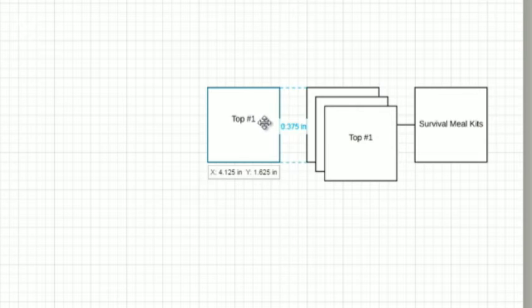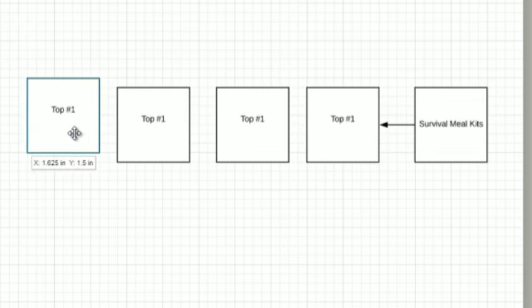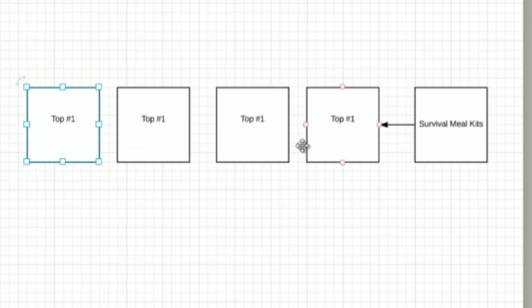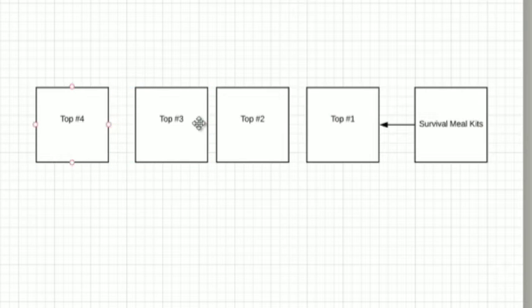And then this can be 2, 3, 4, and 5. So we can work that in here. 2, 3, 4. So let's just do 4, just because the screen's big enough. So top 4 reasons.